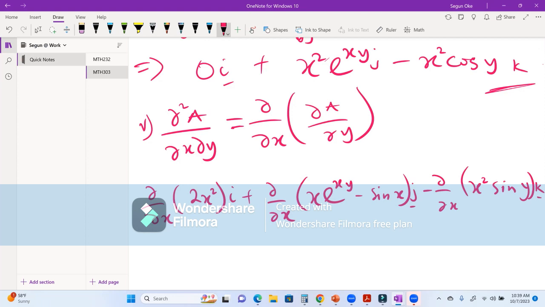So if you differentiate this with respect to x, what do you have? You have 4xi. Differentiate this with respect to x now. What do you have? You will have x exponential xy. Do you agree? Yes, sir.